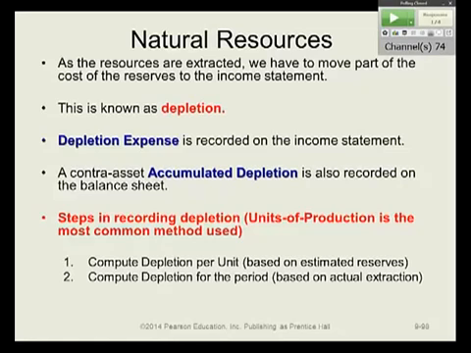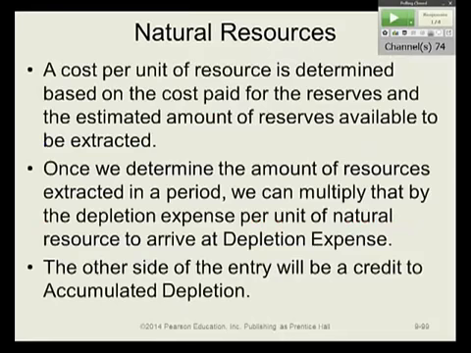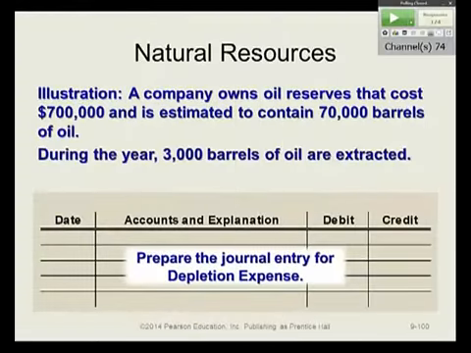Now, the most commonly used method that we have for natural resources is going to be the units of output. So the units of output method is the most commonly used approach for depletion of natural resources. So let me go right to an example. And you know the adjusting entry obviously has to be a debit to depletion expense and a credit to accumulated depletion. It operates the same way. This is also the same, and that's why I didn't do much on units of output depreciation, because we knew we were going to cover units of output depletion.